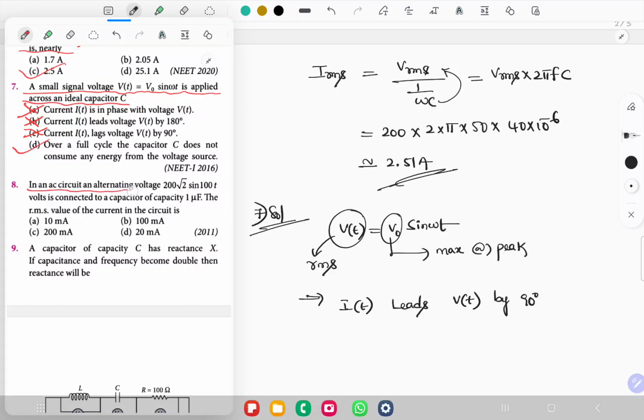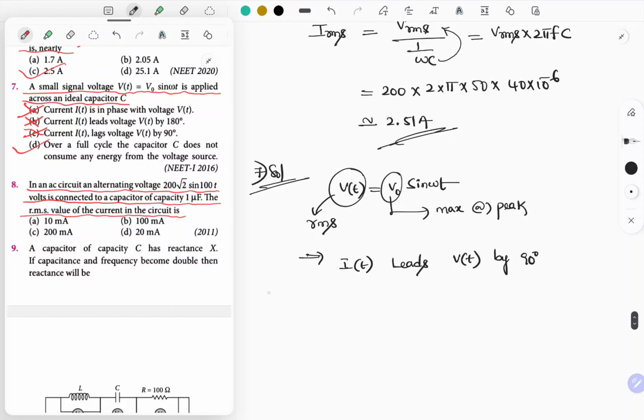In an AC circuit, an alternating voltage 200 root 2 sine 100 t volts is connected to a capacitor of capacity 1 microfarad. The RMS value of current in the circuit is? We did solve this one again. V of t is equal to 200 root 2 sine 100 t.